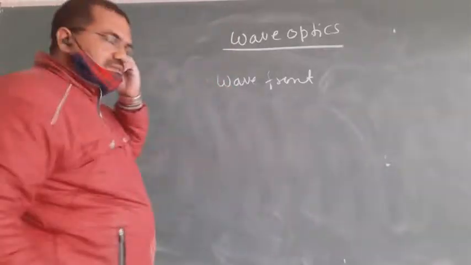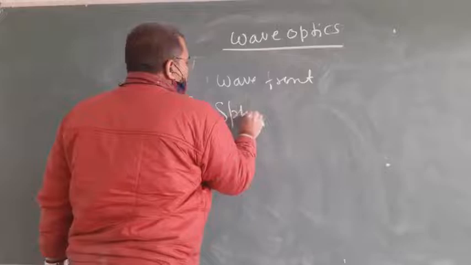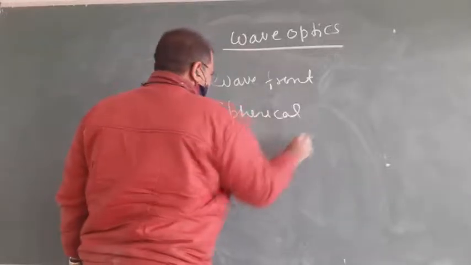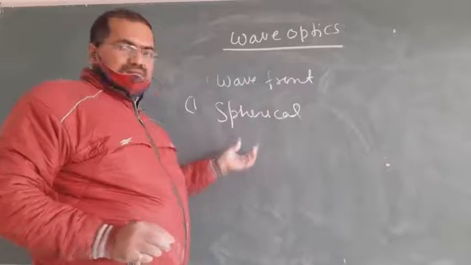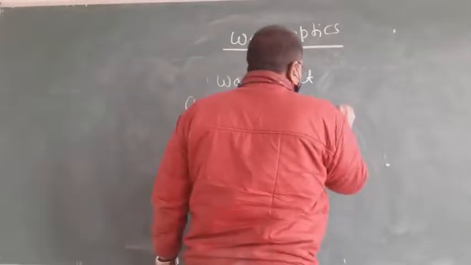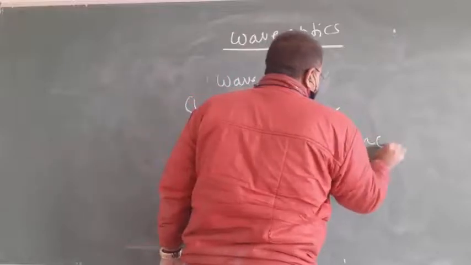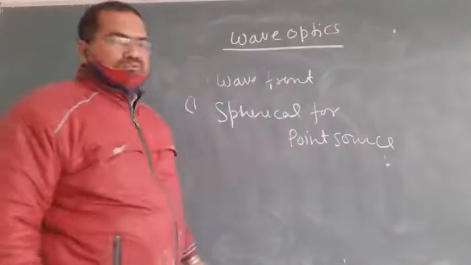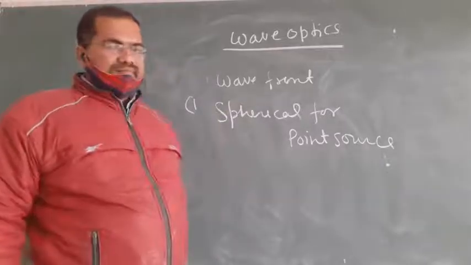Types of wavefront. Number one, spherical wavefront for point source. If source is point-like, then wavefront will be spherical.